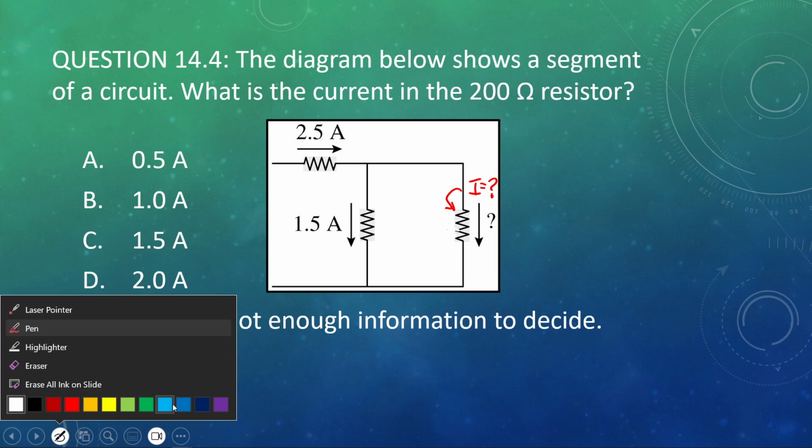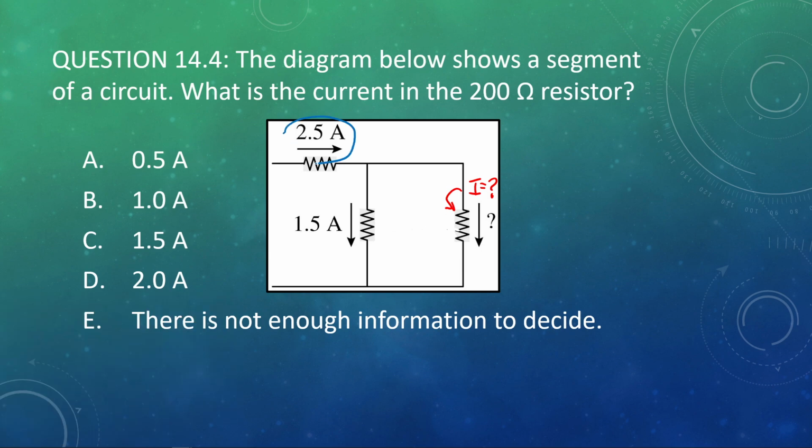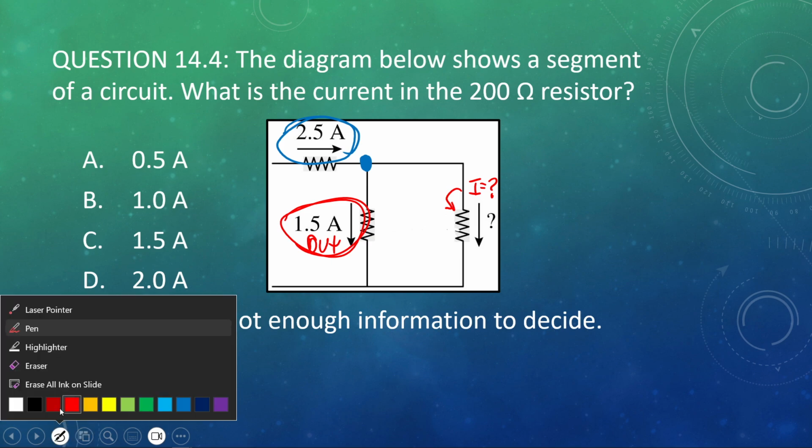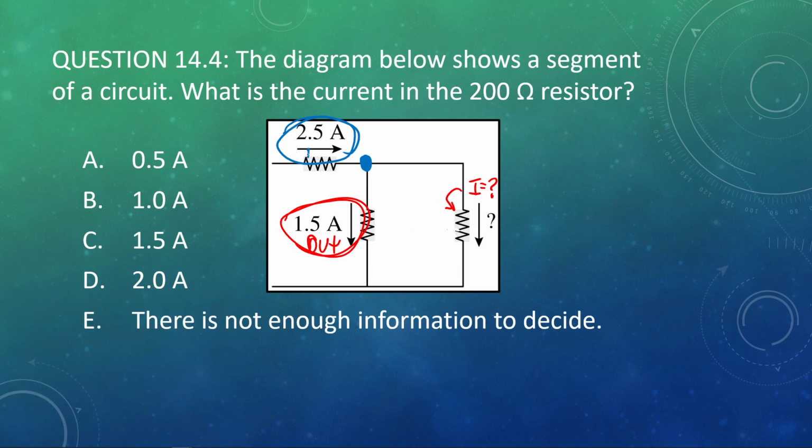We see a current of 2.5 amps coming into this junction, where we see a current of 1.5 leaving that junction. So think about the difference. There's 2.5 in, 1.5 out, so just find the difference.